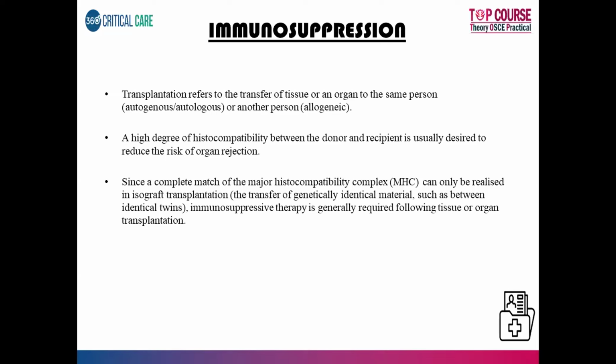The 100% matching can occur only if there is an identical twin, that is twin to twin transplantation of kidney. There will be 100% MHC matching. But in other patients, that much of matching is not possible, right? So there is more chance that the organ might get rejected. So in order to prevent this, we use immunosuppressive therapy.